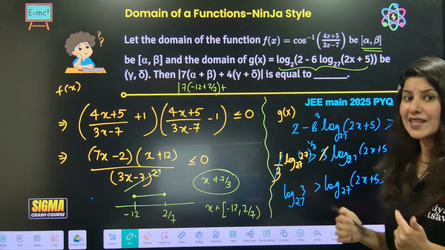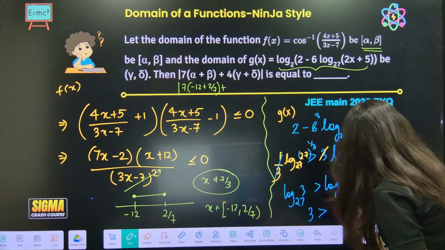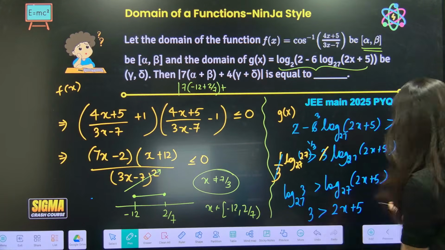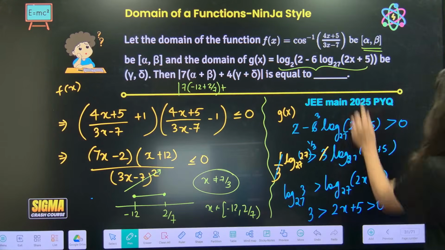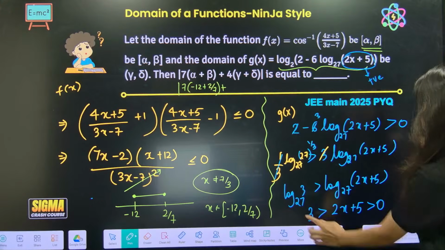Now, since the base is greater than 1, the log can be removed. 3 is greater than 2x plus 5. Make sure that 2x plus 5 is less than 3, but it should also be greater than 0 because 2x plus 5 should be positive. Do not forget that.